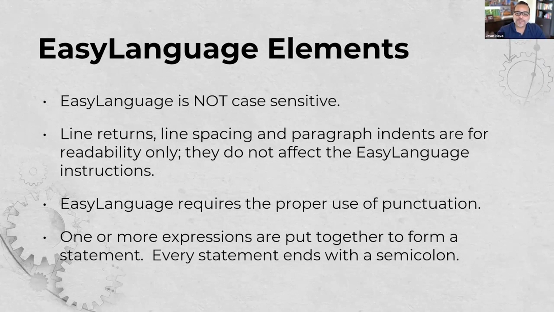Well, in EasyLanguage, that punctuation is the semicolon. It's letting EasyLanguage know I've ended this statement, I'm going to go to the other one. If you don't use a semicolon, EasyLanguage is going to try to mix sentences together and it's going to be confused and it's going to probably generate errors. So make sure that every time you finish a sentence or a statement, you end it with a semicolon.